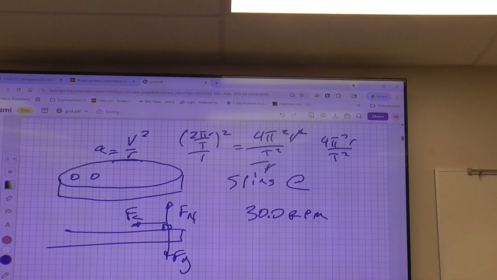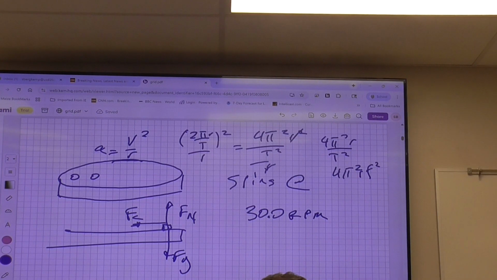Since period and frequency are inverses of each other, this can also be written as 4 pi squared r f squared. So be fluent in being able to derive these equations.